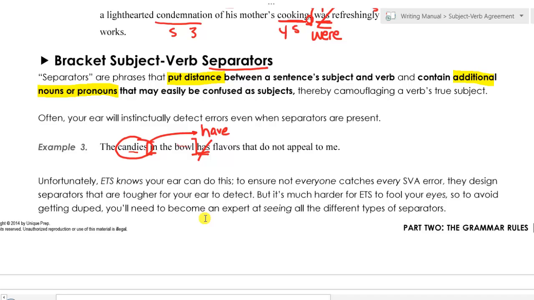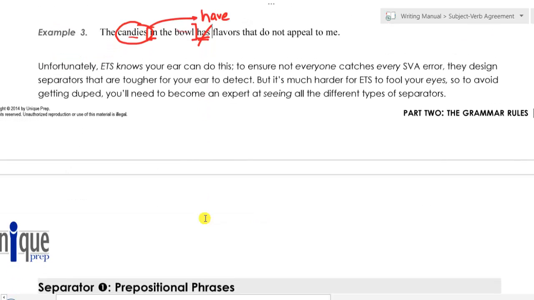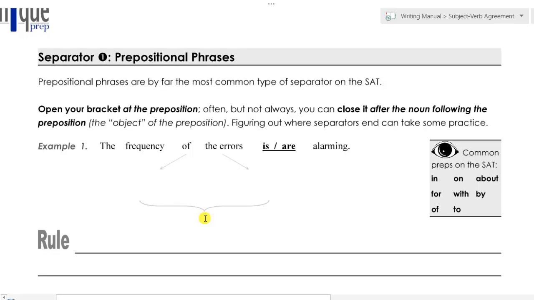They're going to make it very difficult for your ear to detect the separator, but you can get around that difficulty by learning visually to spot your separators, to know what separators look like and spot them with your eyes rather than your ears.